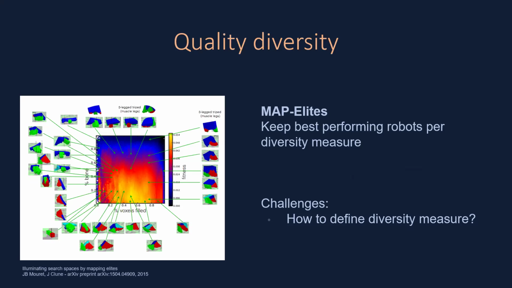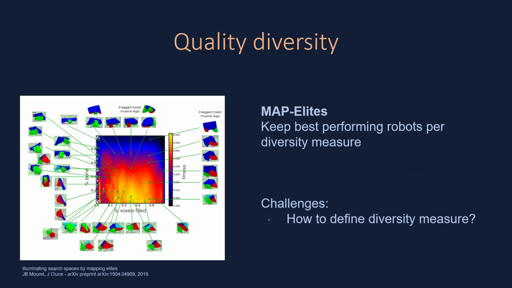You will test where in this map it belongs, and in this location of the map, you will compare it with the best in that location, and if it's better, you will replace it. So in this way, you will generate a map of elites, a map of diverse solutions. In every location of the map, you will keep the best, or elite, solutions.